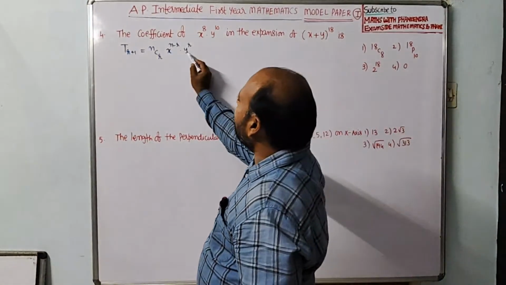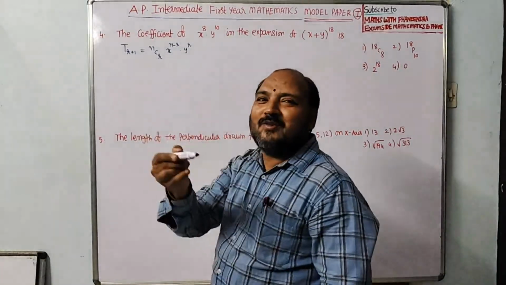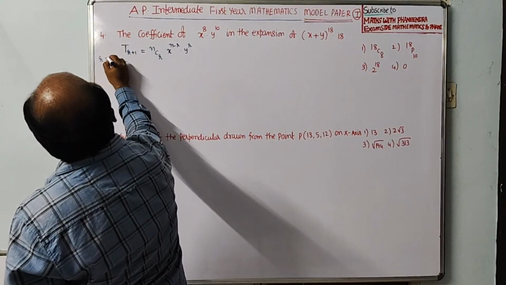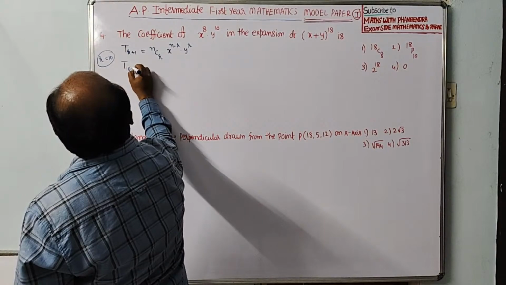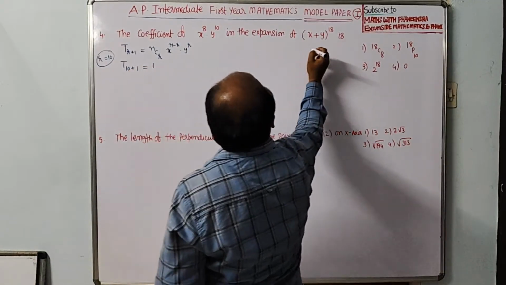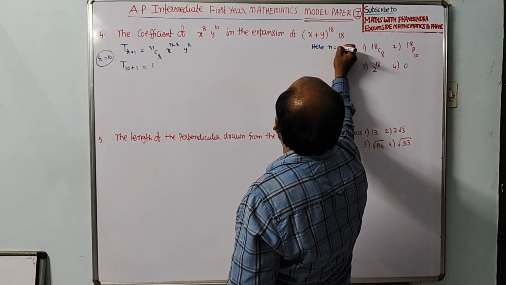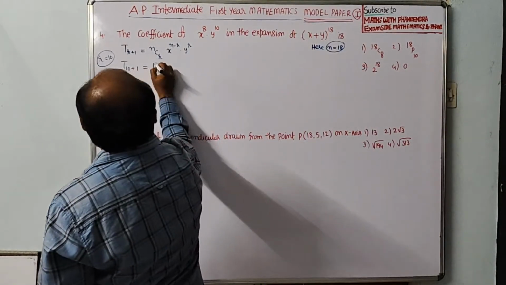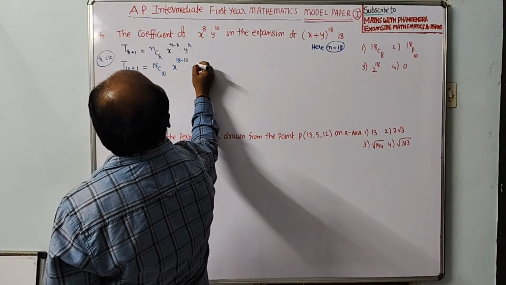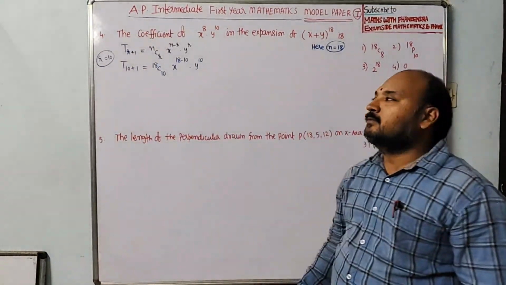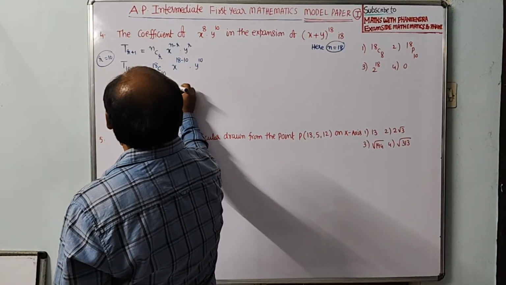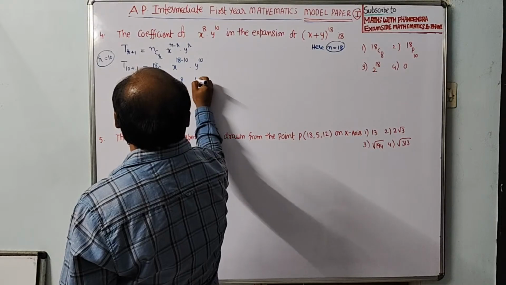So y power r means y power 10, where r value is 10. If you take r equal to 10, T(10 plus 1) equals, with n equal to 18, 18C10 x power 18 minus 10 y power 10, which is equal to 18C10 x power 8 y power 10.